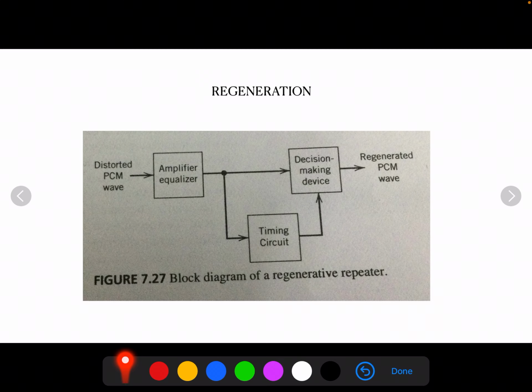This capability is accomplished by reconstructing the signal by means of a chain of regenerative repeaters, which are located at sufficiently close spacing along the route of the channel. So 3 basic functions are performed by the regenerative repeaters. One is the equalizer, another one is the timing circuit, another one is the decision making circuit.